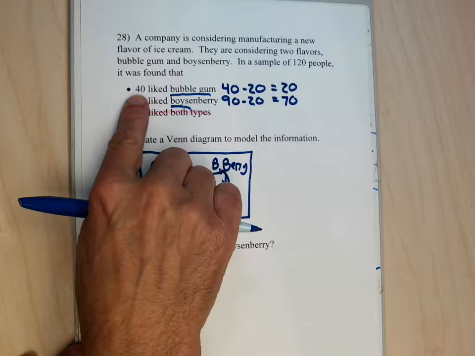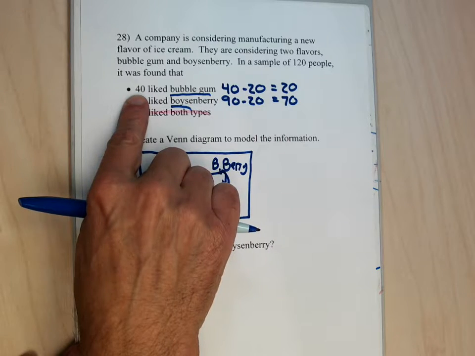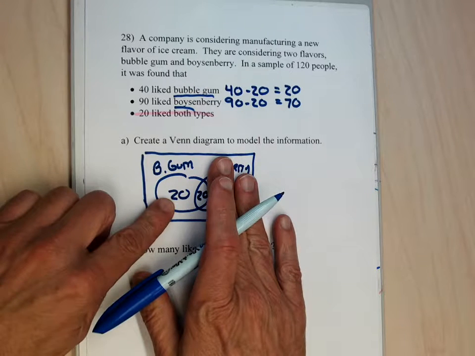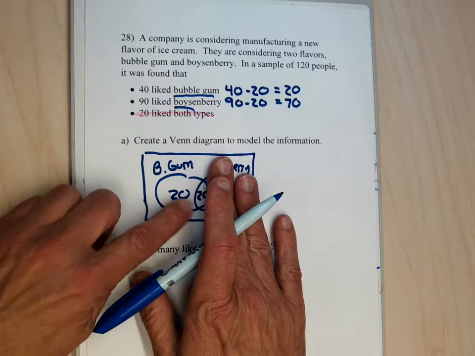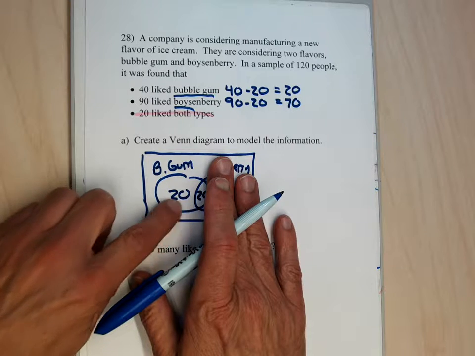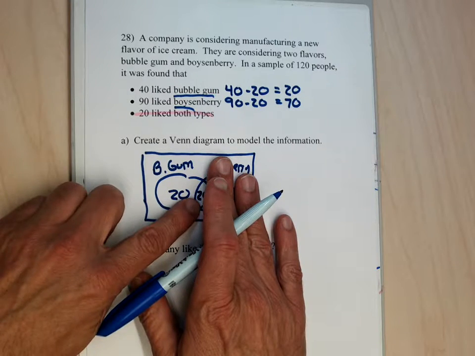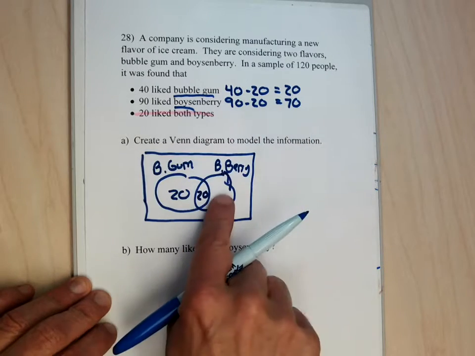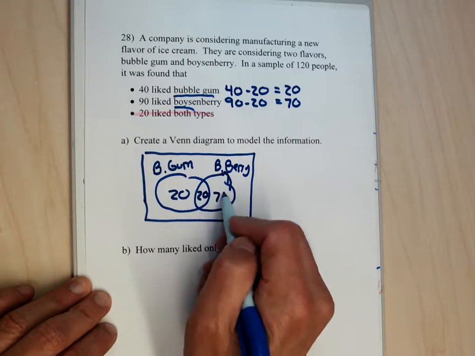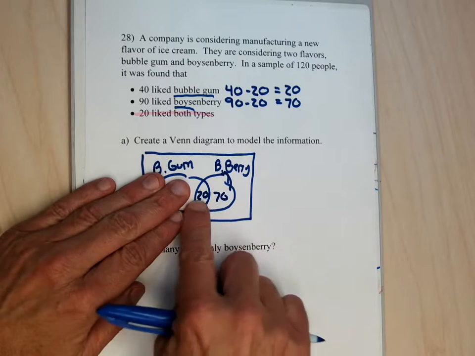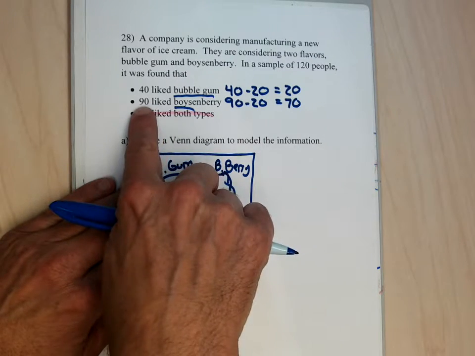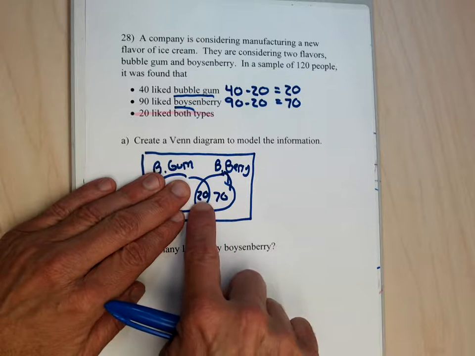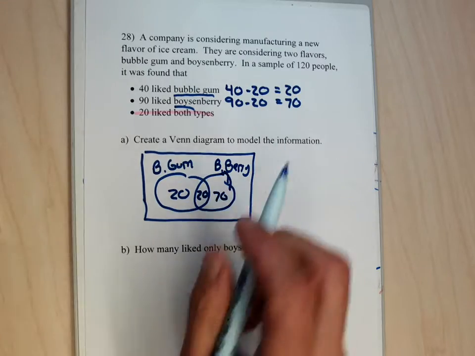There's 40 of the 120 people like the bubblegum ice cream, and the 40 is going to get broken up like this. There's 20 people that like the bubblegum but they didn't like the boysenberry. There's 20 that like the bubblegum and the boysenberry. There's all 40 that like the bubblegum. For this 70, it has to go in the boysenberry circle, and the part of the boysenberry circle left is there. And this gives me 90 people that liked boysenberry. Of the 90 that liked boysenberry, 70 liked the boysenberry, didn't like the bubblegum, 20 liked both flavors. So done with my second step.